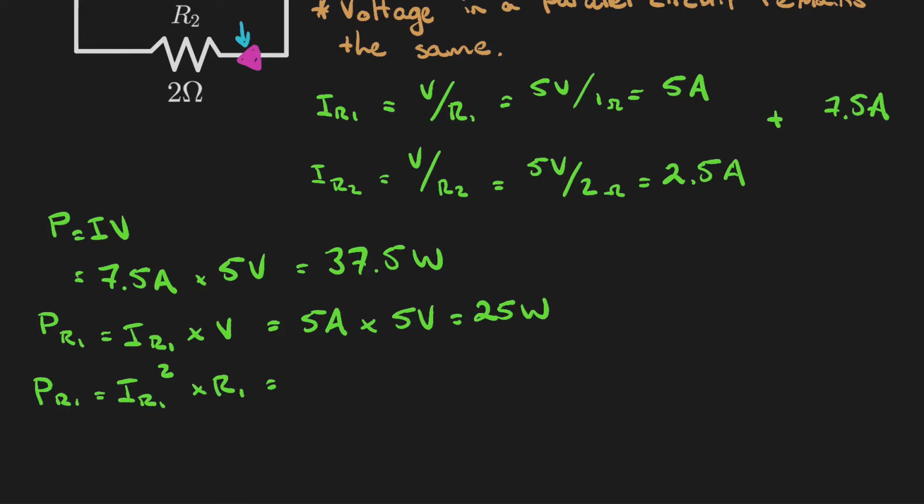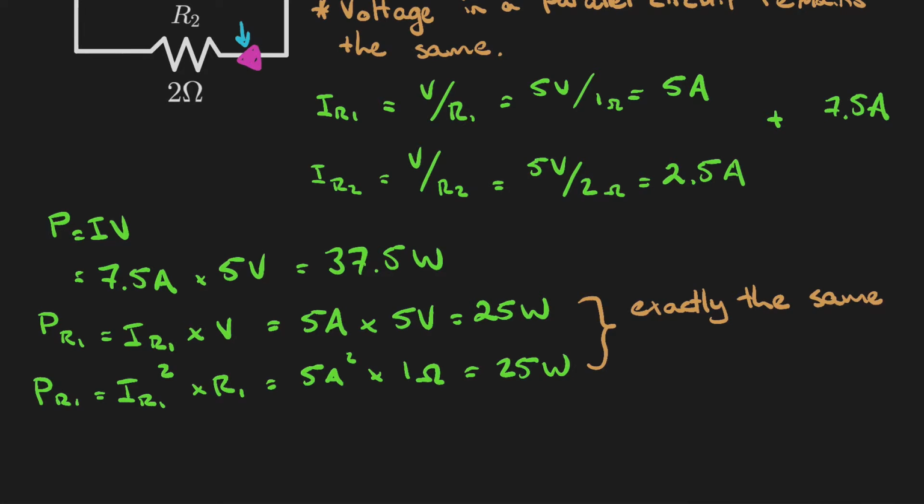So therefore, we could just go 5 amps squared times 1 ohm. Now what's 5 times 5, or 5 squared? That's 25 times 1 ohm is equal to 25 watts. So these 2 are exactly the same. Okay, and we've just proven that.